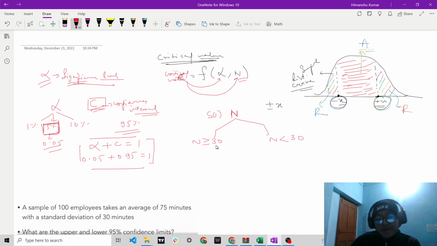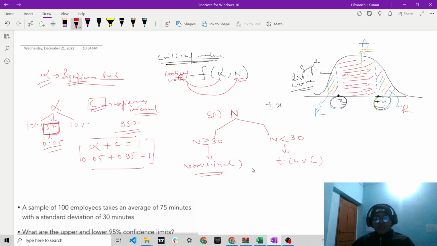If it is greater than or equal to 30, in Excel, where we calculate the confidence intervals, we'll use the function norm.s.inv. And if it is less than 30, we'll be using t.inv.